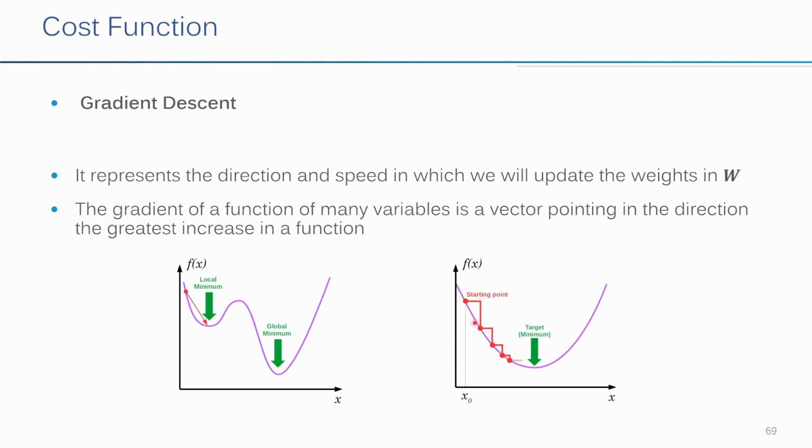But if the speed at which you're updating these weights is really slow, it might take you a long time to get there. Now, when we are talking about other functions that are not logistic, which might not be convex, things are a bit tricky, simply because if you have a step that's too small, you might be heading your way into a local minimum, and then you are not actually getting to the global minimum.